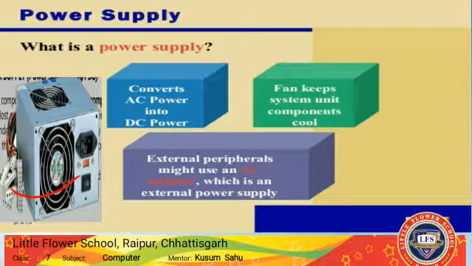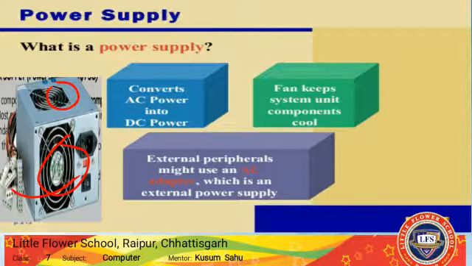Through this only, the motherboard and other components receive the power to work. Here you can see fans to keep the system cool. It converts the power into DC power. So it is an important part, the power supply, through which the computer gets power to work.